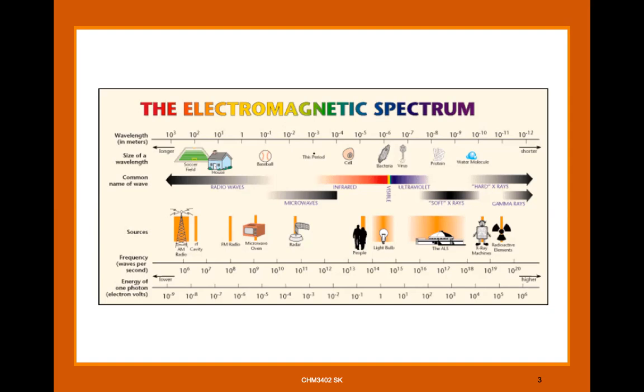And of course, if we have the inductively coupled plasma atomic emission spectrometer, even though it is much more expensive, it is versatile because you can analyze many elements at one time. So I hope that you understand why AAS, atomic absorption spectroscopy, is usually used for a single element, whereas ICP-AES can be used for multiple elements at one time.